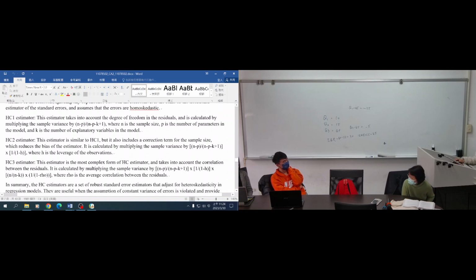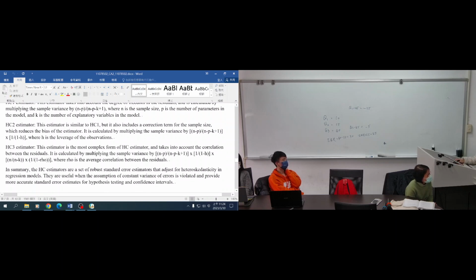I don't understand it. And then HC2 is similar to HC1, but it also includes a correction term for the sample size. And then HC3 is the most complex one, and it takes into account the correlation between the residuals. So HC0 to HC3, from the basic one to the most complicated one.